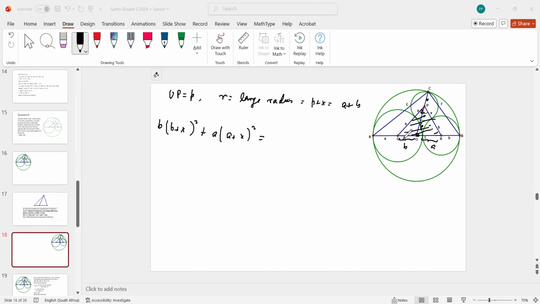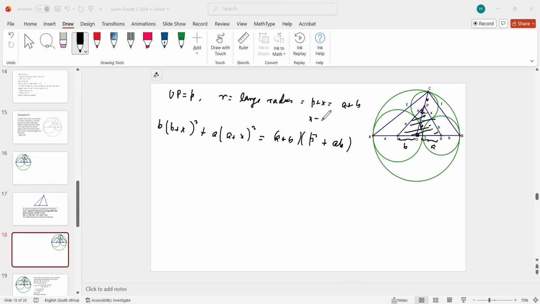That's equal to this whole length here, A plus B, into, we said it's that length there, P squared, plus the product of these two, AB. Okay. Now, I'm going to eliminate X from this thing.